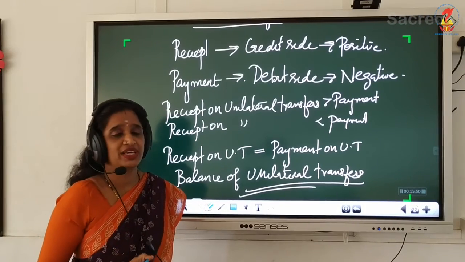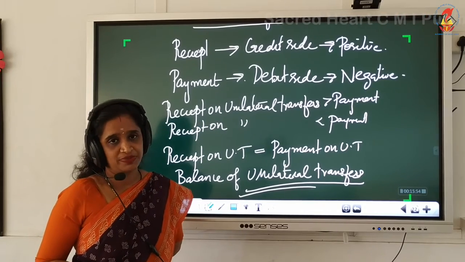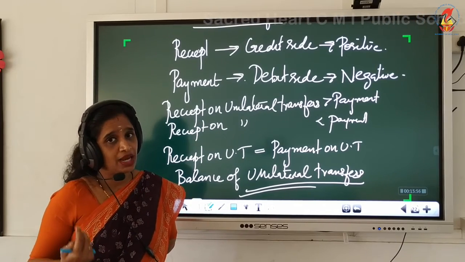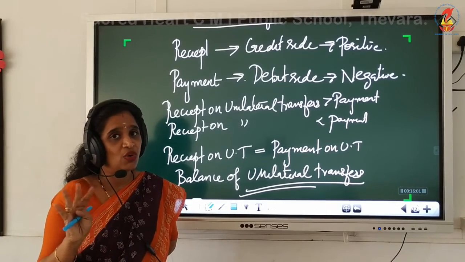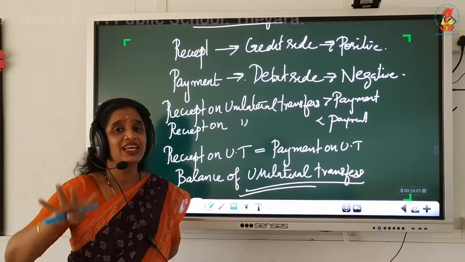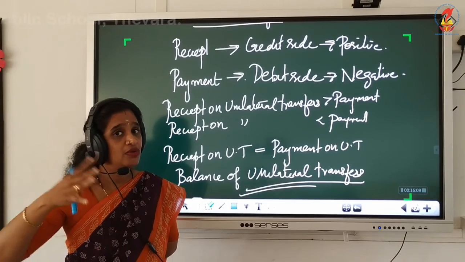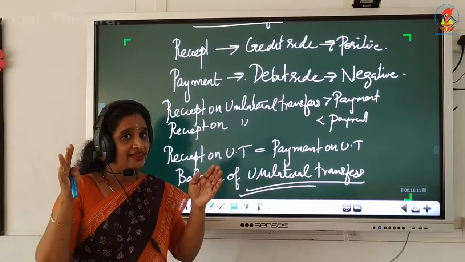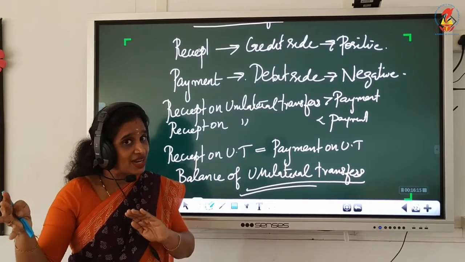If it is equalized, we can say that it is balance of unilateral transfer. The balancing aspect will be coming for capital account as well as the current account when the whole thing is being recorded. For each and every item, it may not be. The equalization comes for the capital account and the current account, because in the statement, we will be including both current account as well as capital account.